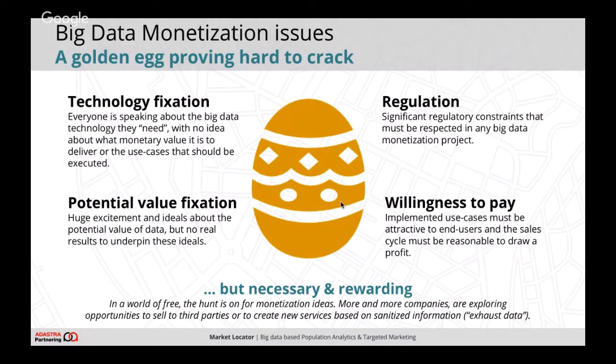IT departments are focused on acquiring this technology, but very often there are no direct business cases behind the procurement. No doubt the technology is needed and is a prerequisite, as I showed in that pyramid, but there hasn't been such a shift to the use cases behind it.